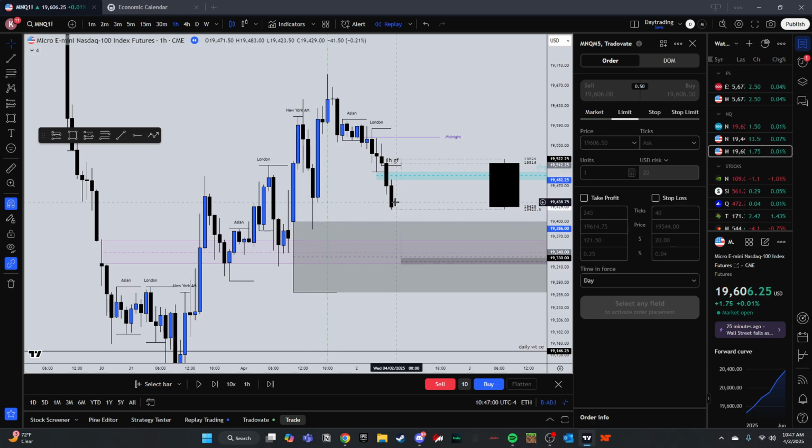Hopefully what we're hoping for is to engineer more liquidity, like making equal lows or maybe even sweeping these lows and creating another nice little wick, before we come and hit this rejection block of the new week opening gap, or until we hit the new week opening gap CE.